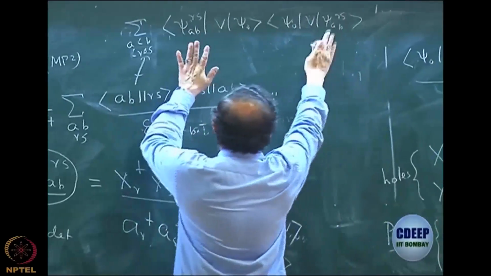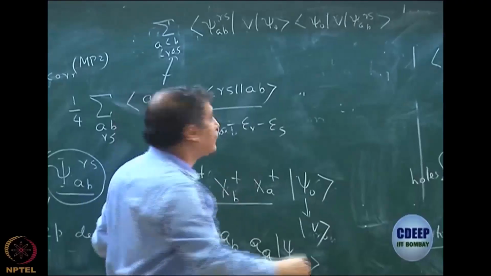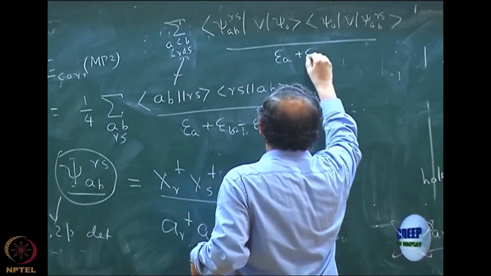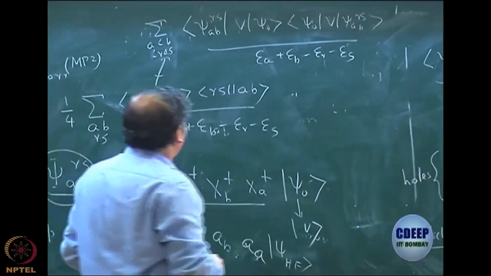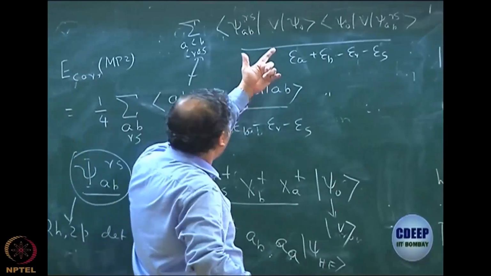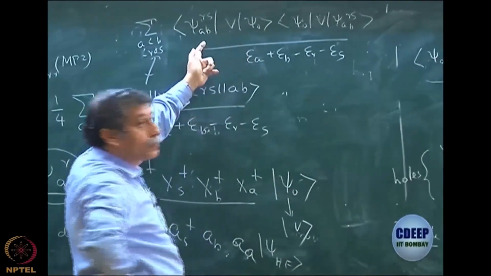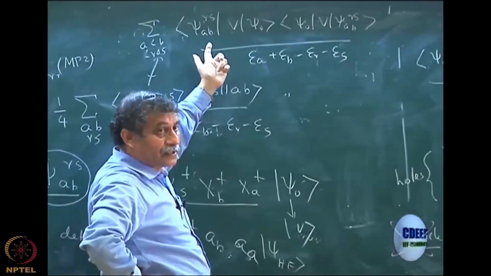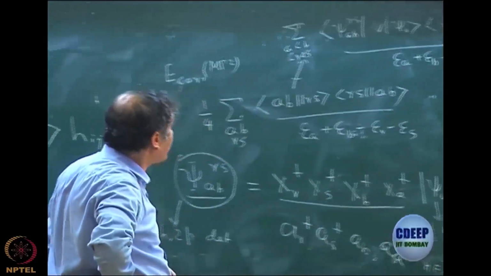Normally we would like it this first and this later, because we want to show this from psi 0 to psi 0, but it does not matter, divided by the energy difference epsilon A plus epsilon B minus epsilon R minus epsilon S. So this contains a matrix element of the perturbation operator between the vacuum and the 2-hole 2-particle state, in my language.